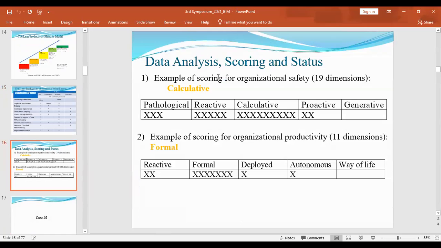This is how to analyze. These are the 19 dimensions. If an organization shows 3, that is pathological; if it shows 5, that is calculative, more proactive. So we can decide this organization is calculative.